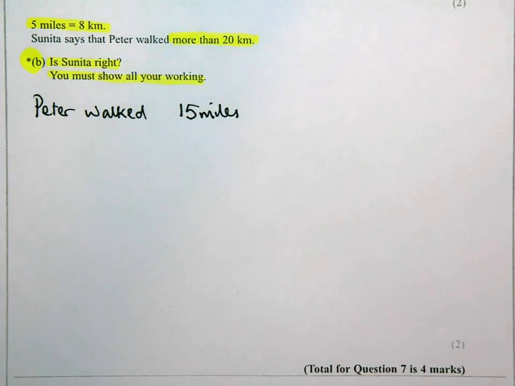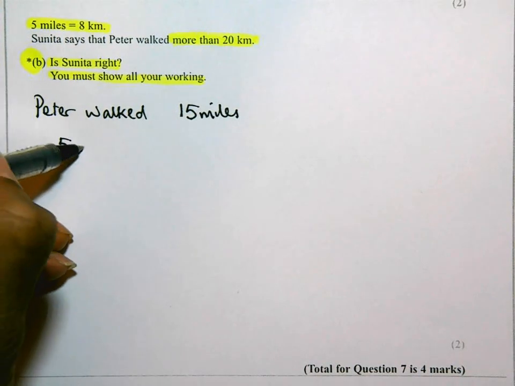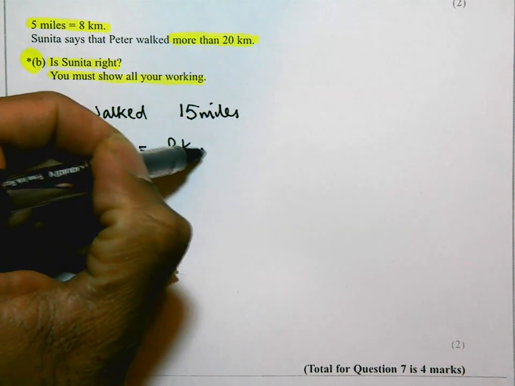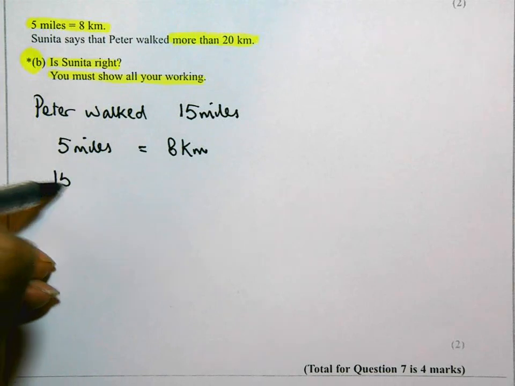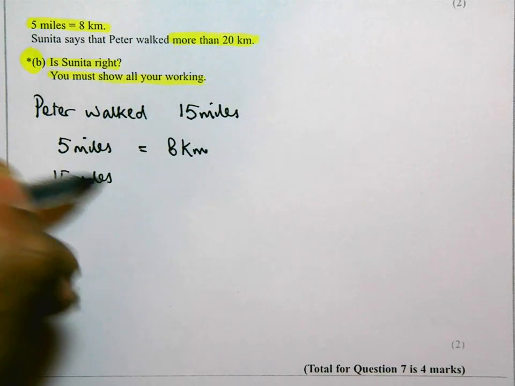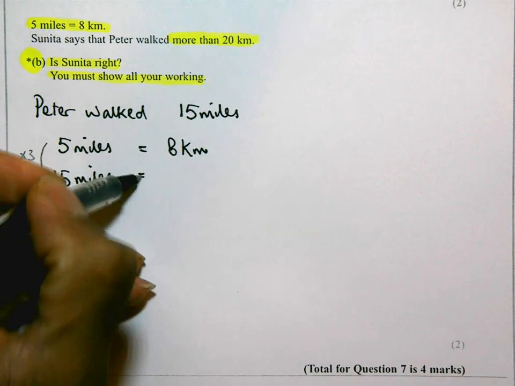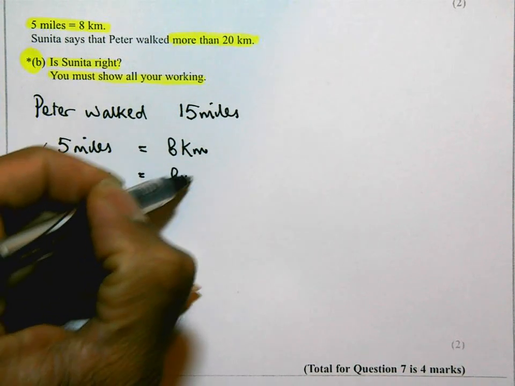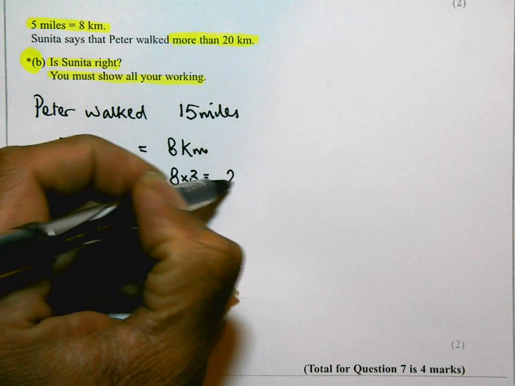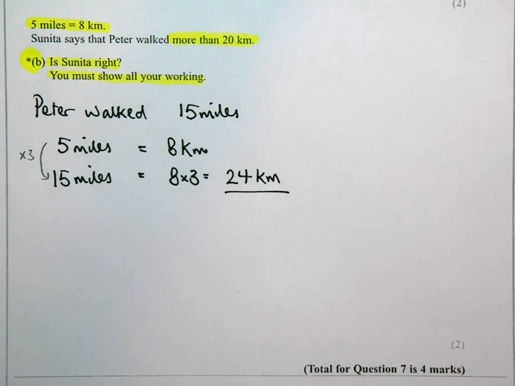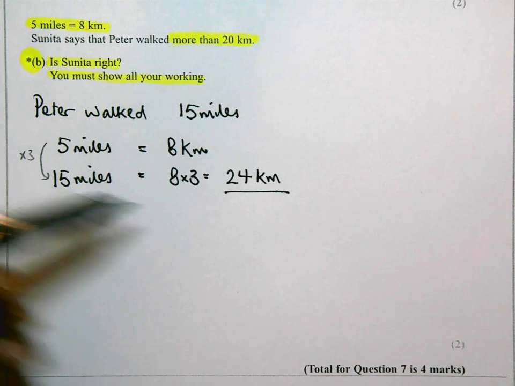Now if 5 miles is equal to 8 kilometers, that means that 15 miles, because 5 times 3 is 15, then how many kilometers is that? That's going to be 8 times 3, that's 24 kilometers. So he walked 15 miles, that's actually 24 kilometers.